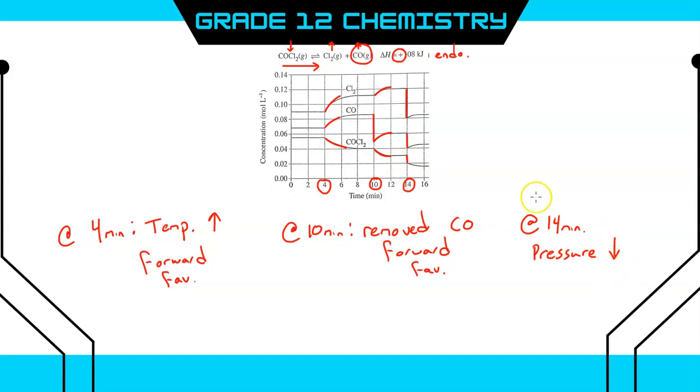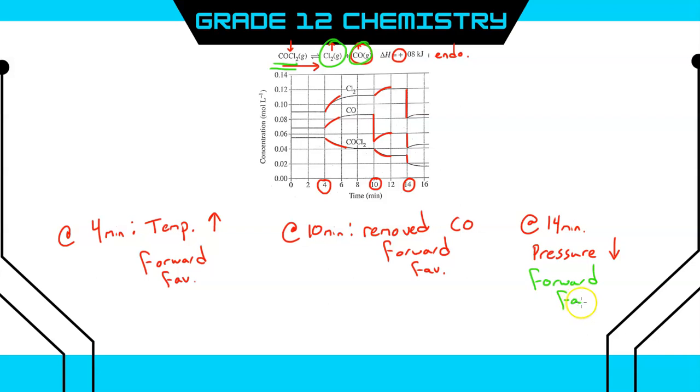So all the concentrations dropped, therefore the pressure dropped. If the pressure dropped, it's not going to favor less molecules, it's going to favor more molecules. And we clearly have more molecules in our products than we do in our reactants. So this is again going to be forward favored.